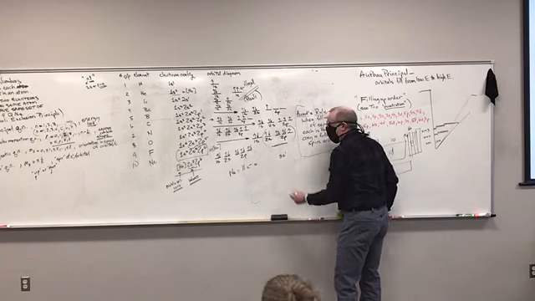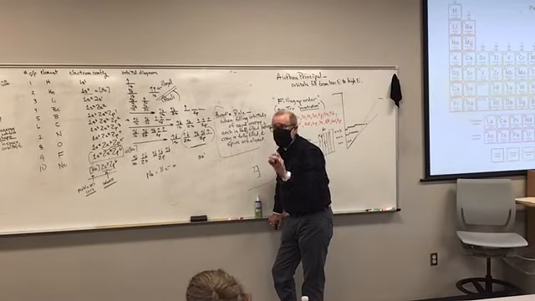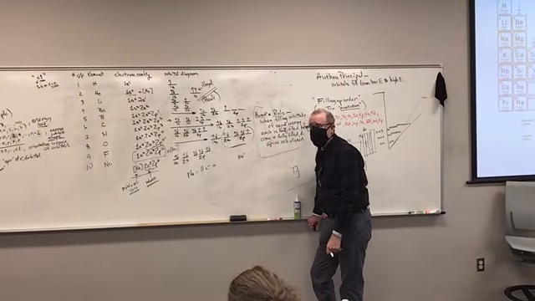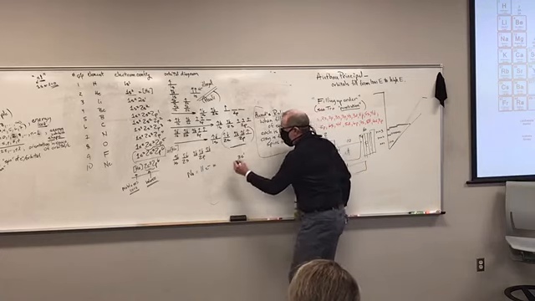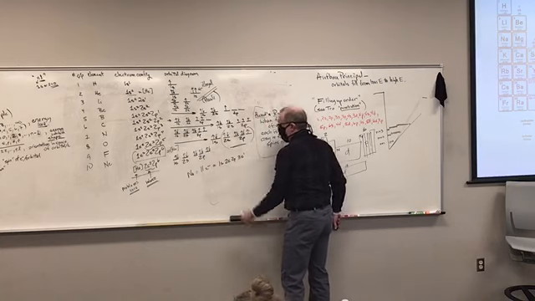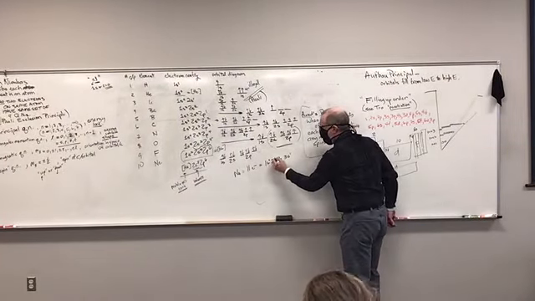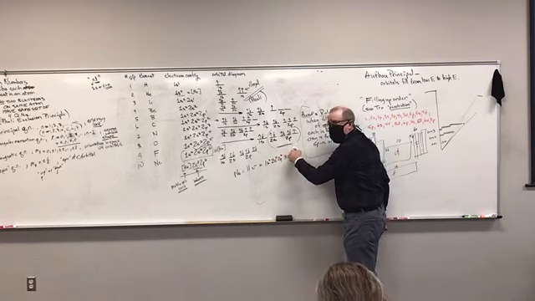It's in the first column. Its last electron is where? 3s. What comes before 3s? Well, 2s and 2p. What comes before 2s? 1s. These are filled. 2, 2, and 6. 2 plus 2 plus 6 make 10, plus 1 equals 11.